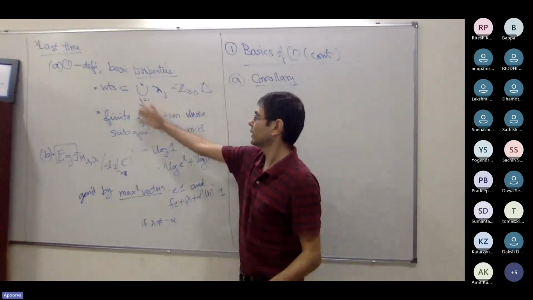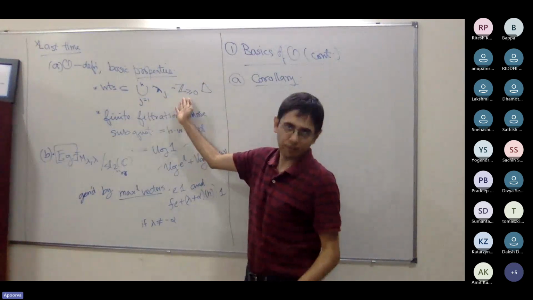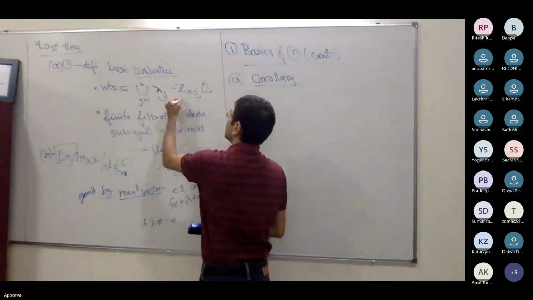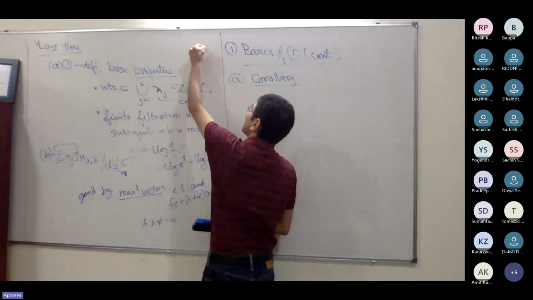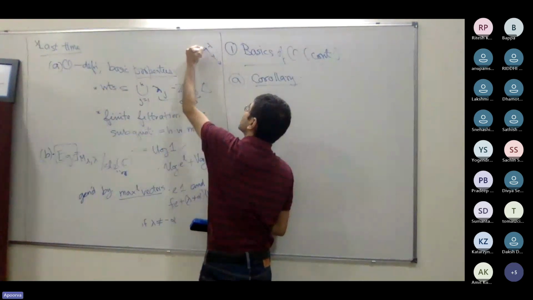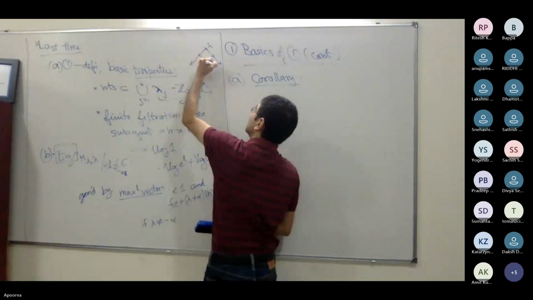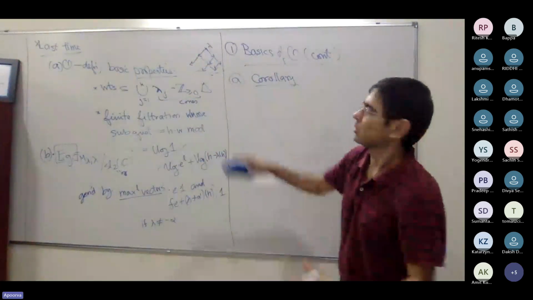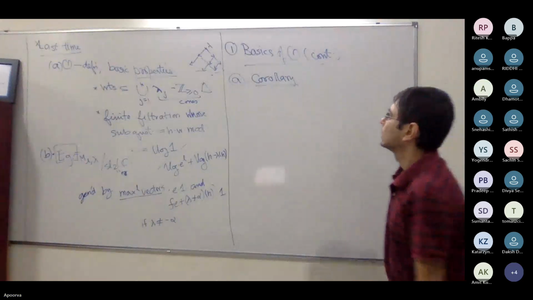We already saw some properties, like the weights of every object lie in the finite union of these cones. These are called cones because they look like lambda j and then minus positive sums of roots, like that. So they're called cones.